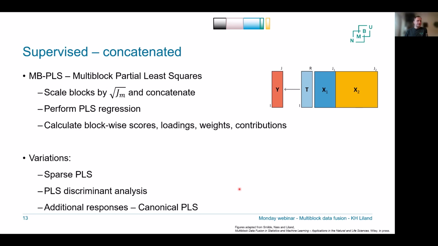Or if you exchange these with canonical PLS, you could have a combination of continuous and categorical responses. And you can also have additional responses that are not used for new data, only in the modeling phase, which could make a richer room for your loading weights when you're creating the model.